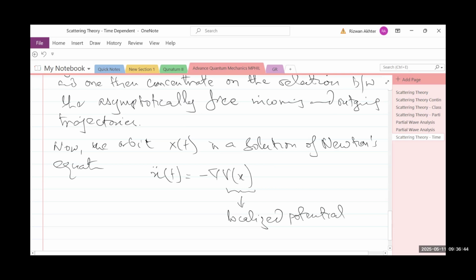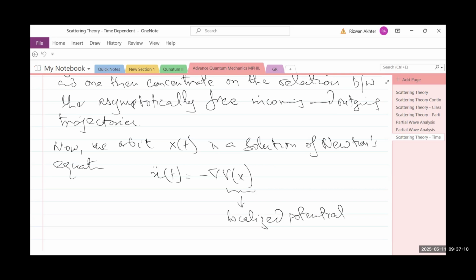If the potential was not localized, then the particles would not be free. That is, our assumption that the particles are free at large distances away from the central location would not be true. So in order to make our assumption valid, we need to think that this potential is localized at some position.